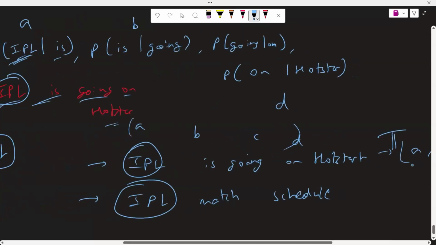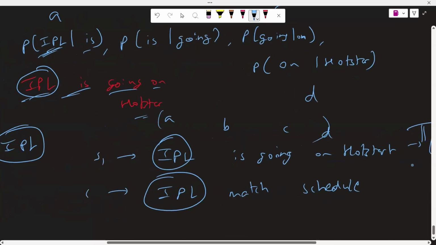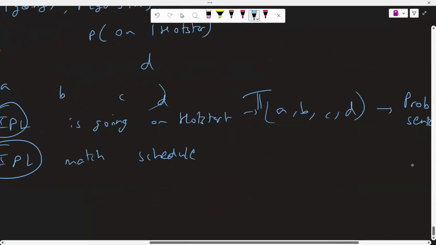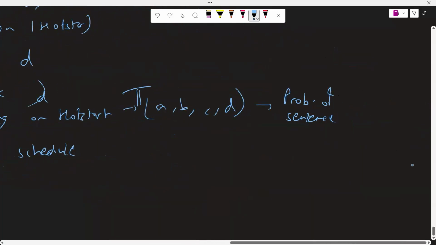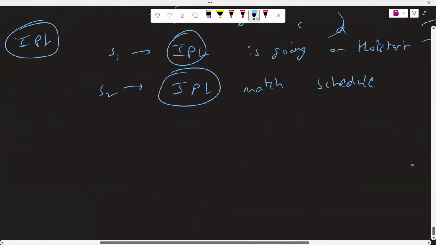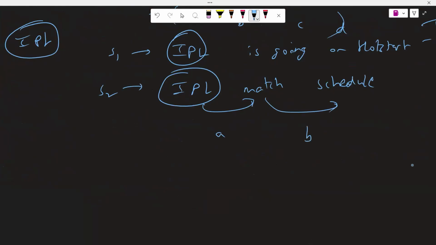For sentence 1 and sentence 2, you find out the probability by multiplying consecutive words. You will get the probability of sentence 1. Same thing you do here as well. You find out the transition probability from here to here, and multiply both the probabilities A and B, right? So you multiply A and B, you get the final product. That will be the probability of your sentence 2.